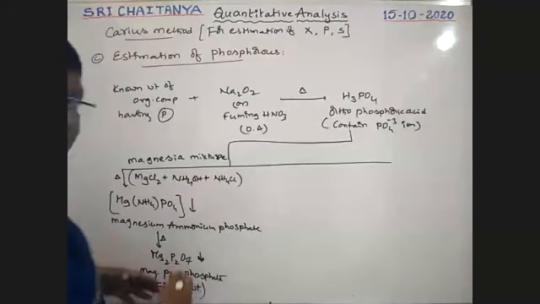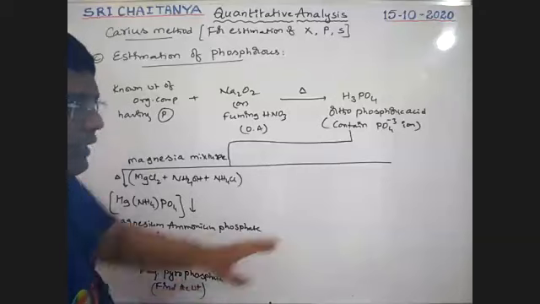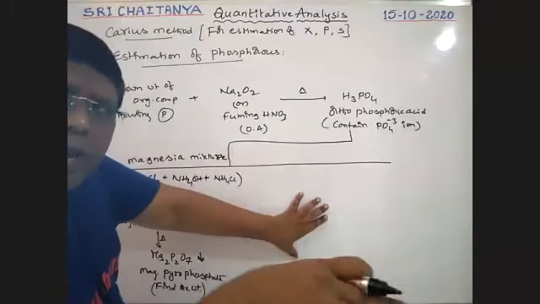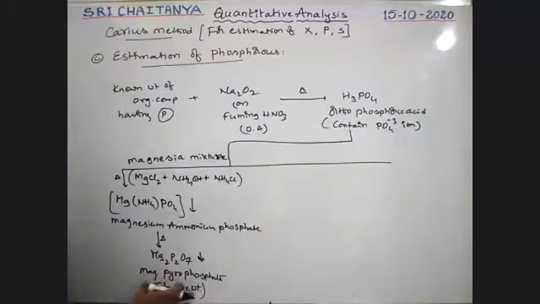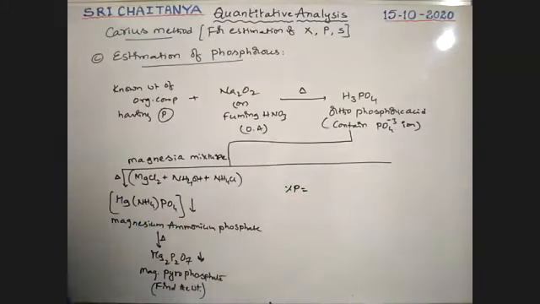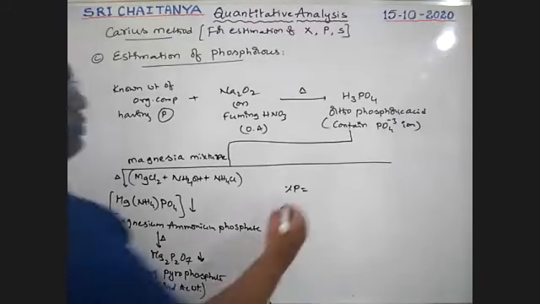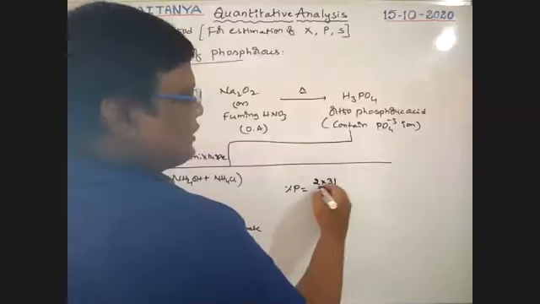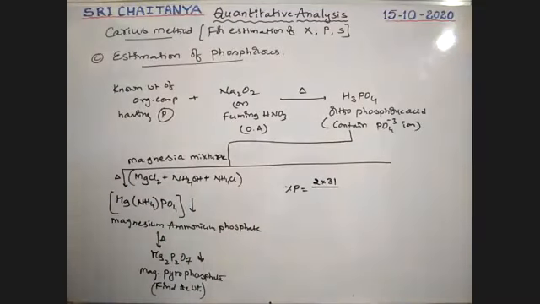I'm writing here because there is no gap, so you should write it at the bottom of this equation. Percentage of phosphorus is equal to... See, boys, in this magnesium pyrophosphate, how many phosphorus are there? Two phosphorus. That is 2 into the atomic weight of phosphorus, 31, by the molecular weight of magnesium pyrophosphate. Magnesium 24 each, phosphorus 31 each, oxygen 112 altogether, the value is 222.